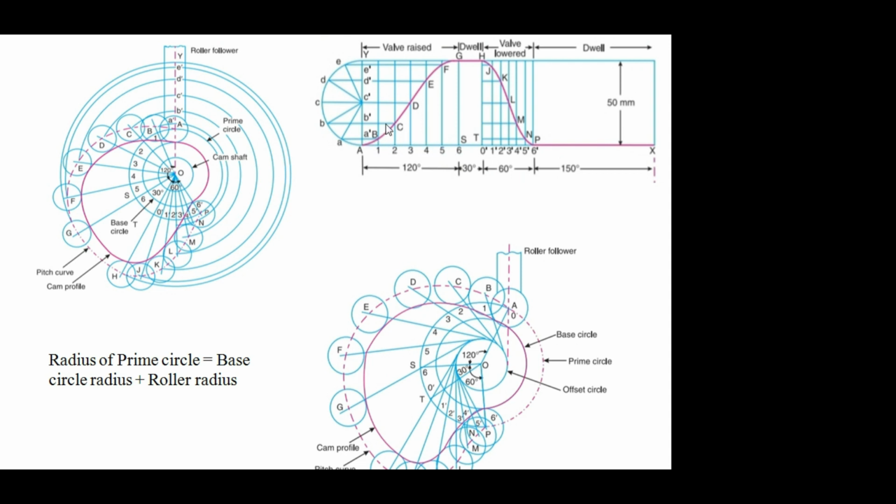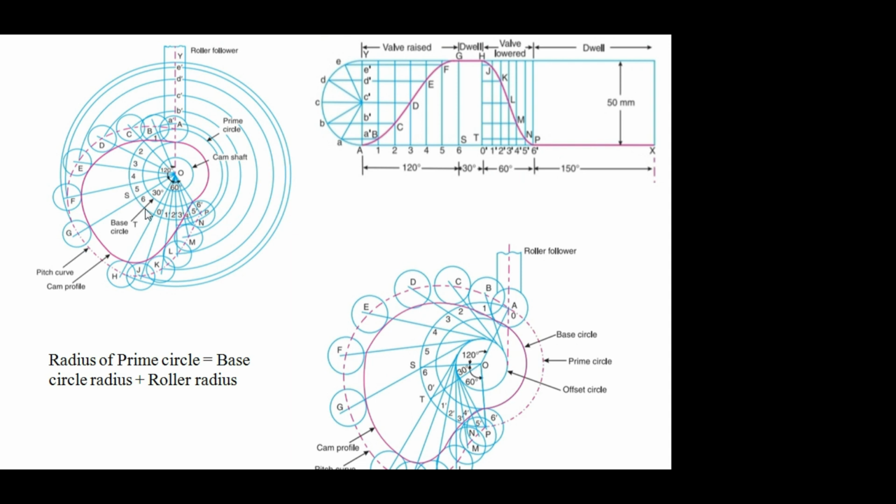Here it is divided theta O in 6 equal parts. Here also you divide the theta O, that is 120 degree, in 6 equal parts. Now you have to mark those parts on the prime circle. Don't mark the points on the base circle.